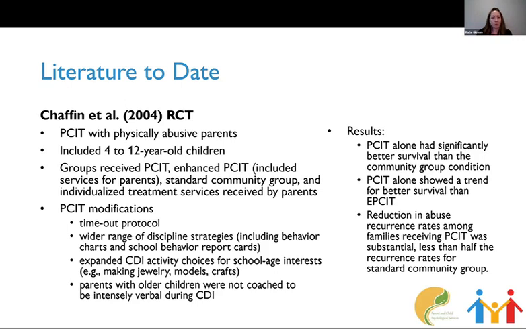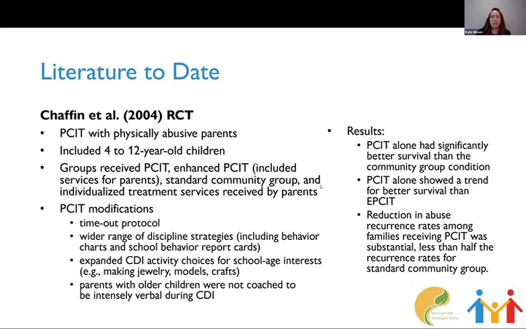This is one of the most well-known studies that does include kids up to age 12, but this study is actually really best known for the trauma relevance and the fact that PCIT showed reduced rates of abuse reports in the future. And it happened to be that kids up to age 12 were included in this study. And what ended up happening was that some of the discipline strategies used varied because of the kids being older, even though that wasn't necessarily a focus of this study.